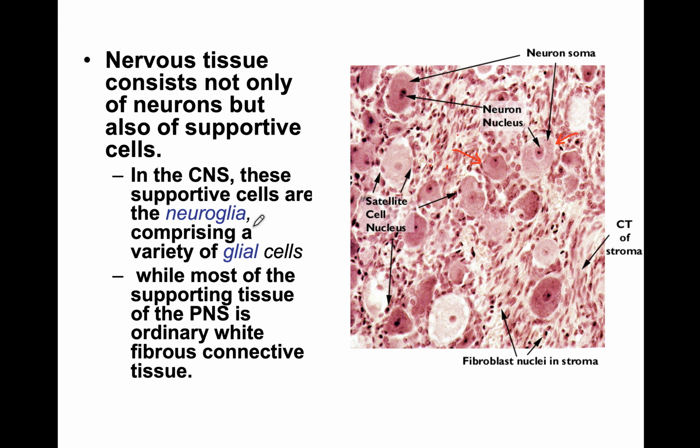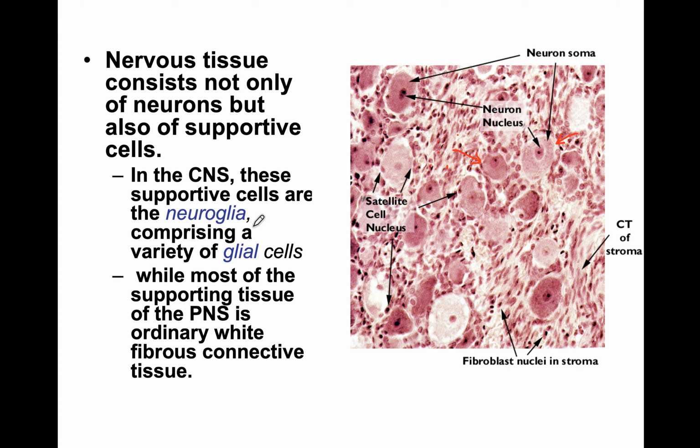In most of the tissues and organs we studied before, the support is usually fibrous connective tissue. In the brain, we don't have this supportive connective tissue. Instead, we have cells, and these cells are called neuroglia.